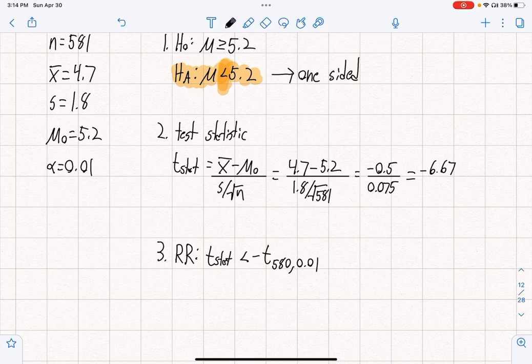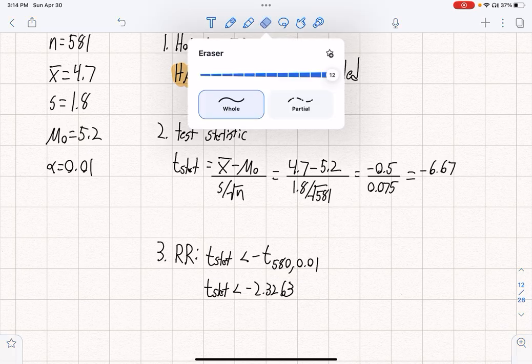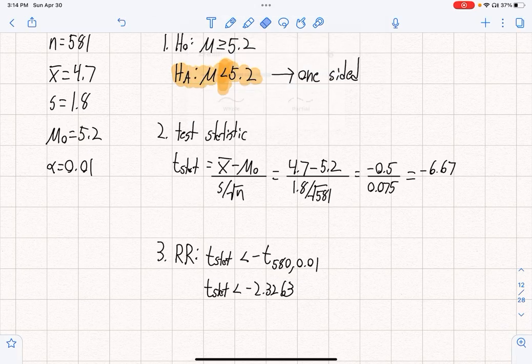If we look that value up in our table, that would be t-stat less than negative 2.3263. Let me reiterate, because this was a less than in the alternative hypothesis, we're using less than here, and if this is less than, then this is negative. In the last problem, this was greater than a positive, but now it's less than a negative.